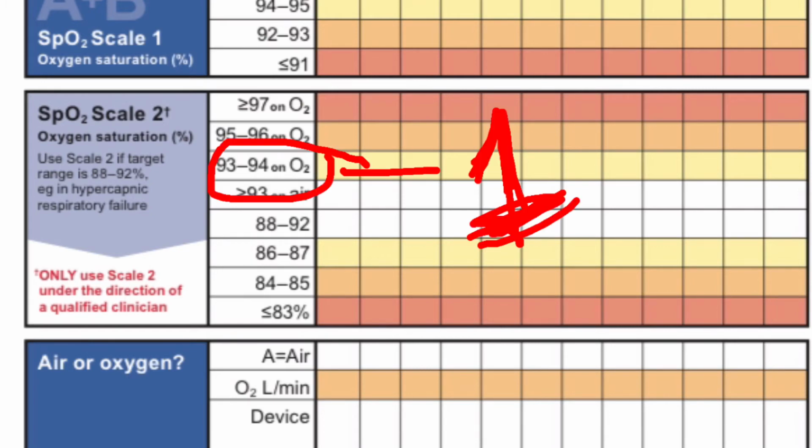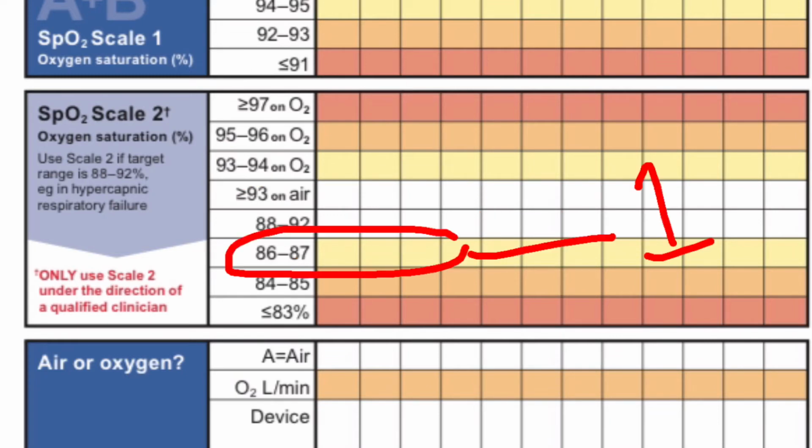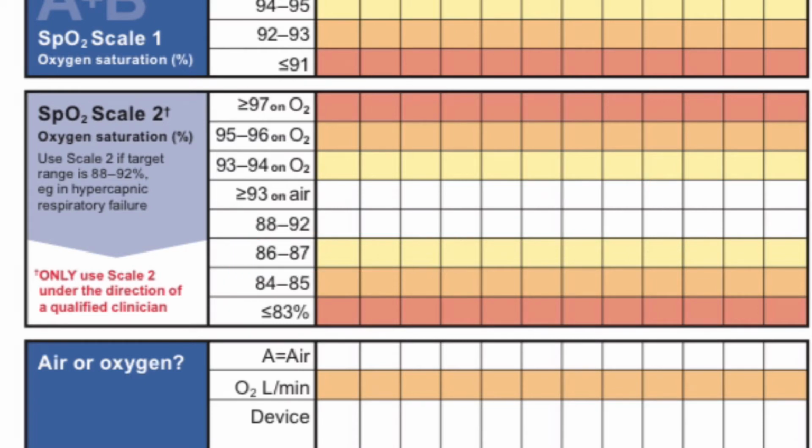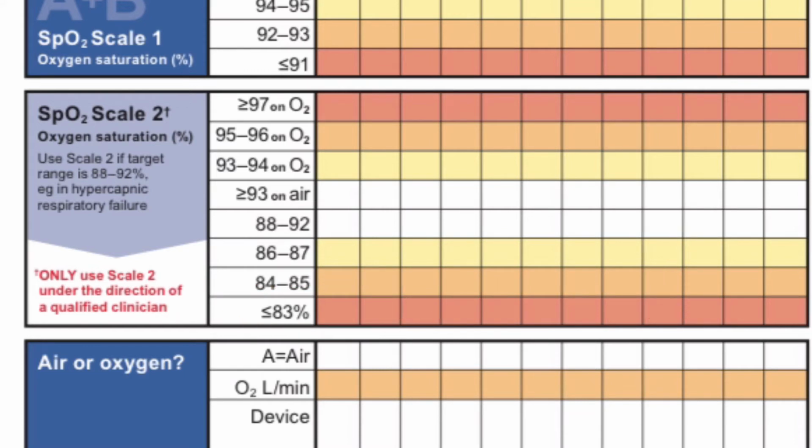Then 88 to 92 on air is also 0. 86 to 87, NEWS of 1. 84 to 85, NEWS of 2. 83% or less is a NEWS of 3. Okay, you only use scale 2 under the direction of a qualified clinician.